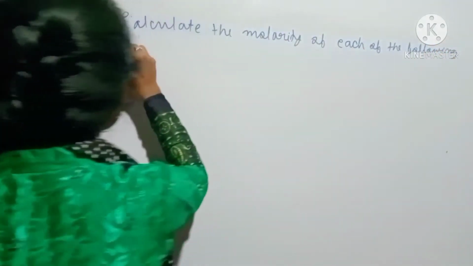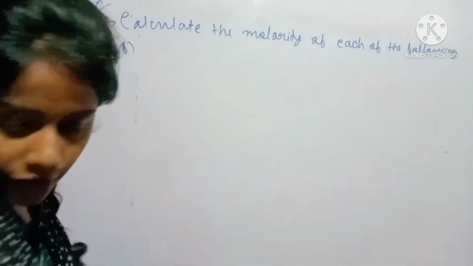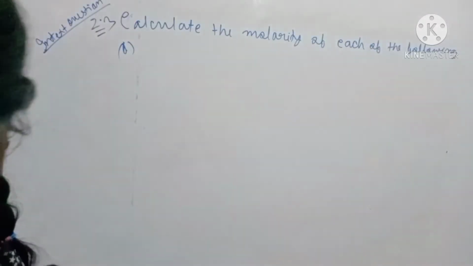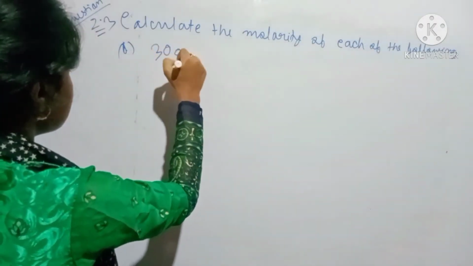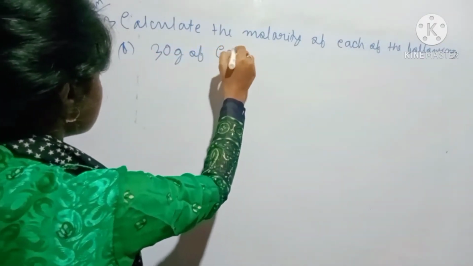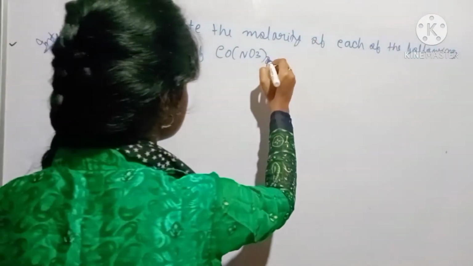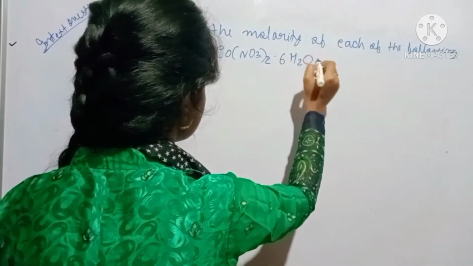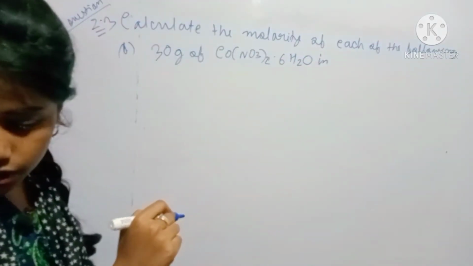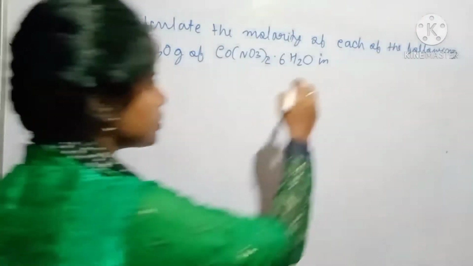In A, we have 30 gram of cobalt nitrate, hexahydrate, Co(NO3)2.6H2O, in 4.3 liter of solution.